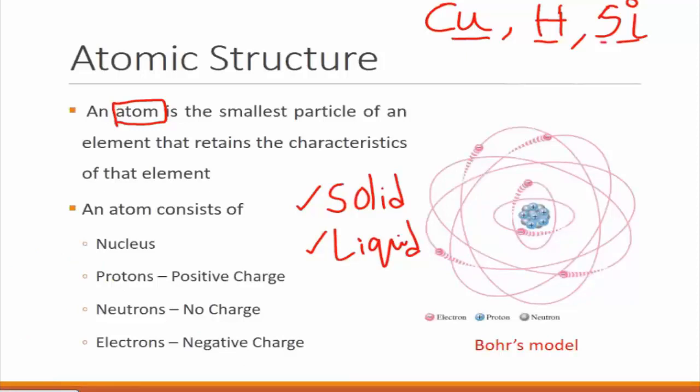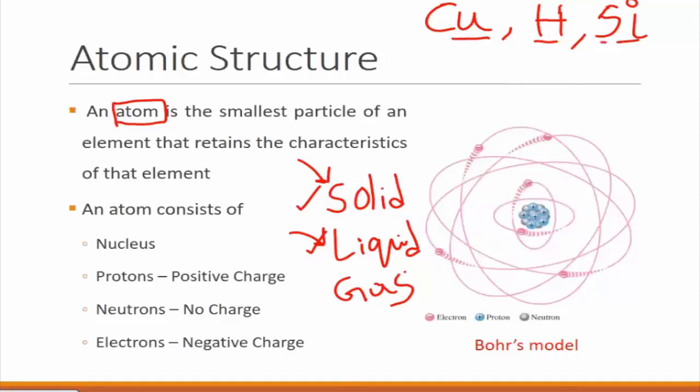Because the molecules within the structure of the material are tightly bonded, one atom to another atom. So if they are tightly bonded, then you will form a solid. If it is loosely bonded, it's a liquid. If they are separated from one another altogether, that's the gas, the gaseous state of material. They can move freely, basically anywhere within their structure.